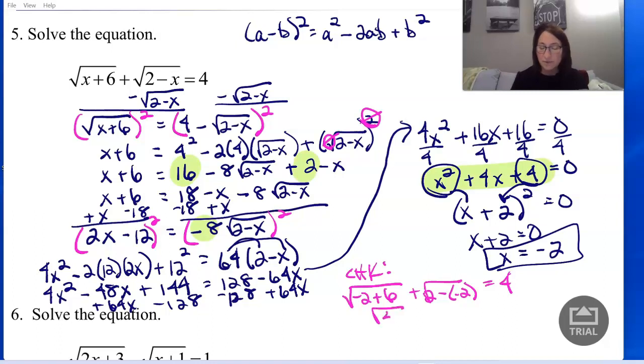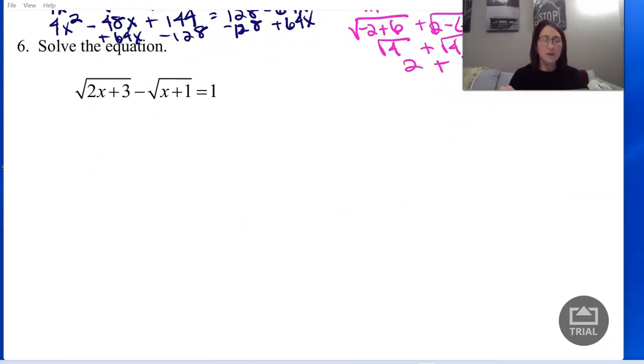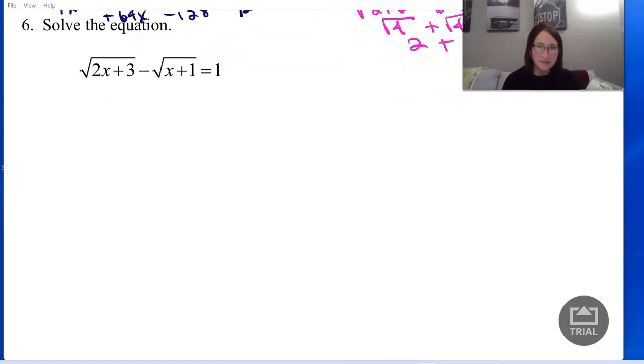So that's the square root of 4 plus the square root of 4 equals 4, which sure, 2 plus 2 equals 4. That checks out. All right. Whew. We got one more of these guys. Let's do it.